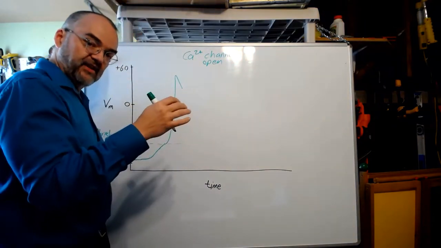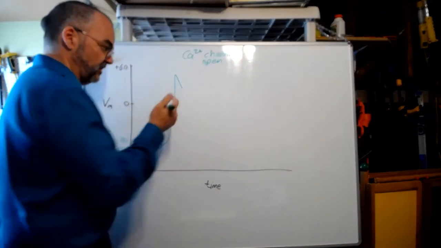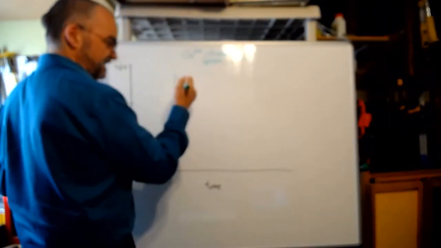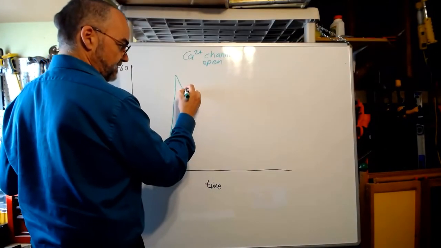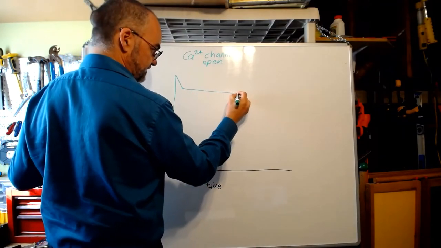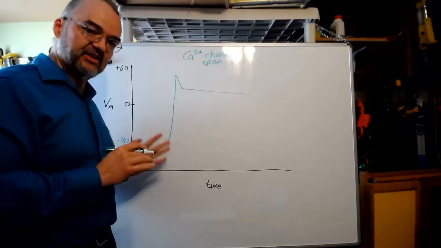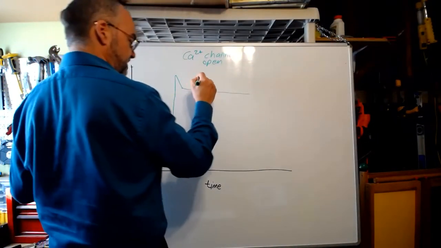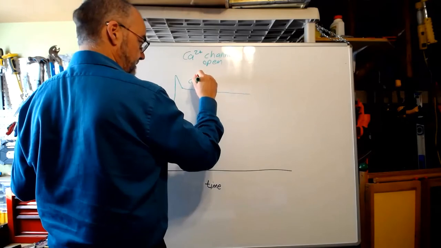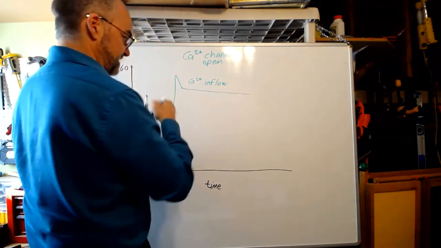Now, positive calcium flowing in tends to make the inside more positive, depolarizing the cell. So that's now sort of fighting against the potassium, and I end up in this plateau where the membrane potential stays positive for quite a while because of calcium inflow and potassium outflow.